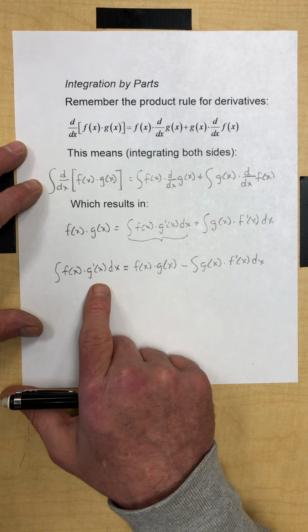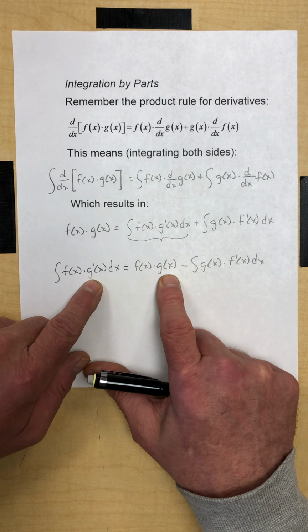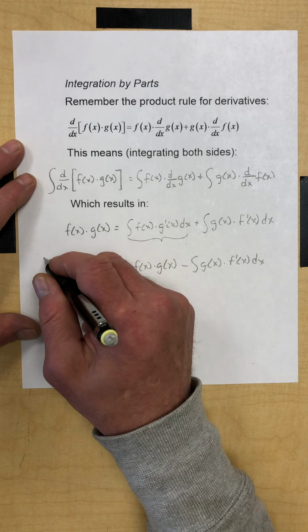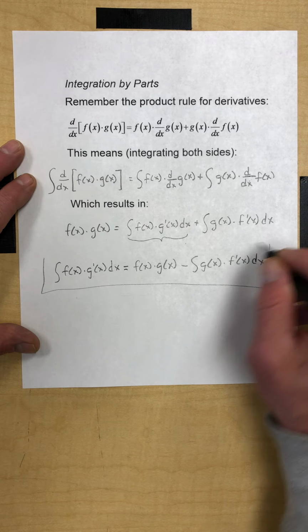This one here we would get from taking g prime of x and integrating it, because g prime of x is the derivative of g of x. So to go from g prime back to g, we would have to integrate, and once we integrate g prime of x to get g of x, I have that right here, and this is f prime, which would be the derivative of f.